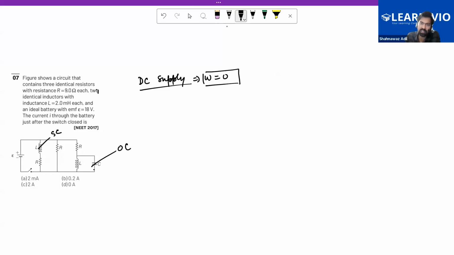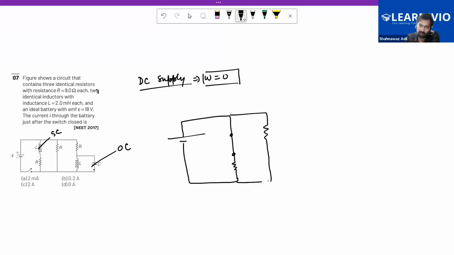If I draw the effective diagram, what would it be? This is a short circuit, which means the current will pass, and then this is again a resistor, and then we have this resistor, and then this one which is short circuited.